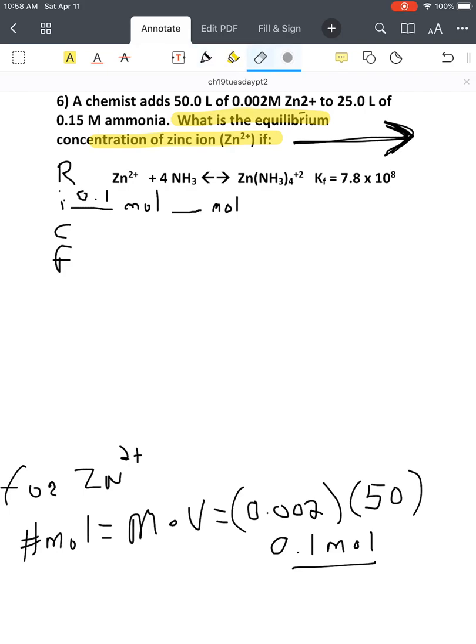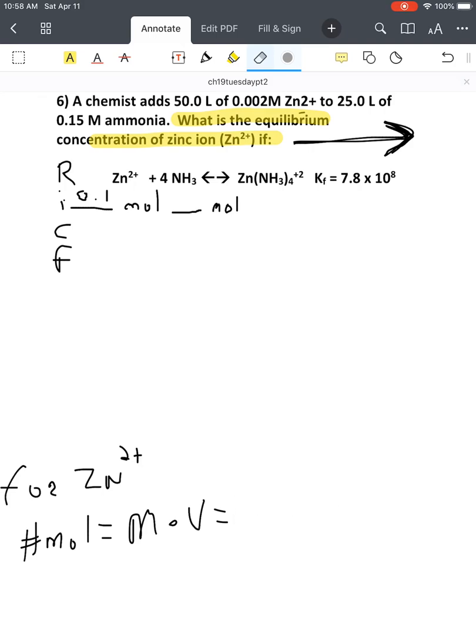Now, in a similar way, I could do a very similar calculation for how much ammonia was added to this system. I think it's going to be a little bit more based on the first glance at the numbers here, but let's double check. 0.15 mole per liter ammonia, that's my molarity. Whenever I take molarity and multiply it times volume in liters, I can get moles. Now, he or she only used 25 liters of this stuff.